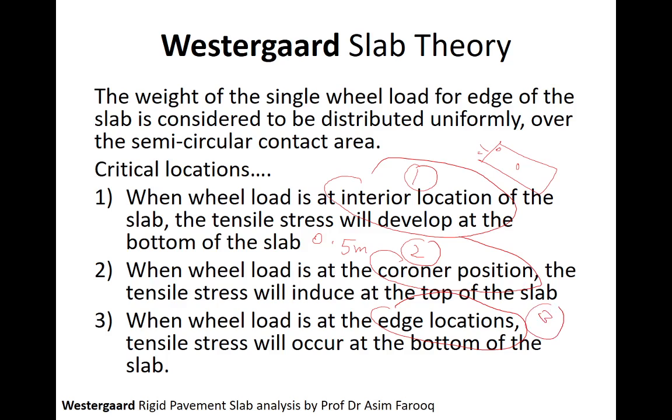The third was when the wheel load is at the edge of the slab, where the tensile stresses occur at the bottom of the slab. So when the load is acting at three different locations, such as center, edge and corner, how much is it affecting the bottom of the slab, and how are the stresses transferred from the top to the bottom?